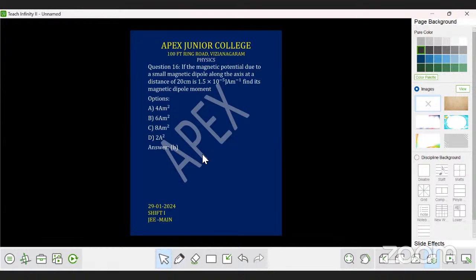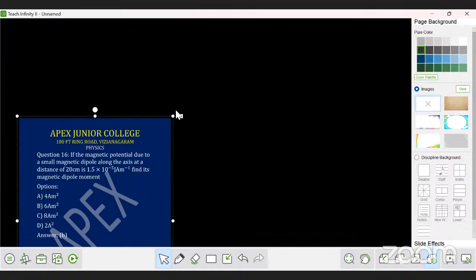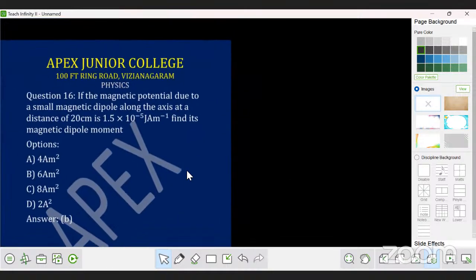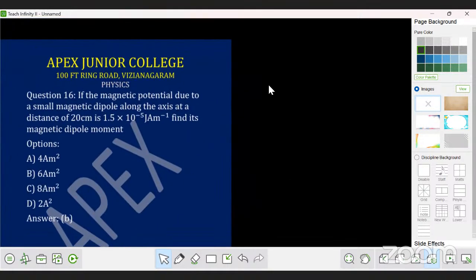Okay, next one. Question number 16. If the magnetic potential due to a small magnetic dipole, one magnetic dipole is given, along its axis at a distance of 20 centimeters. A small dipole is given, with north and south poles.